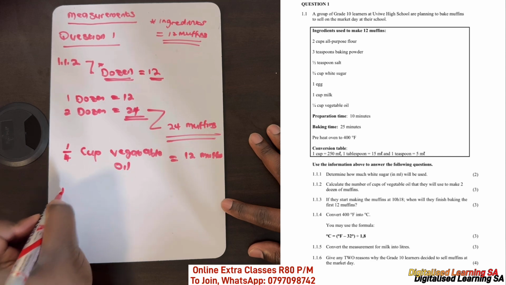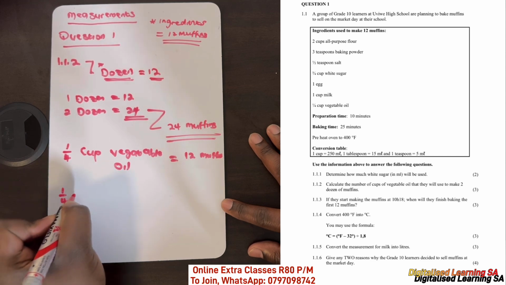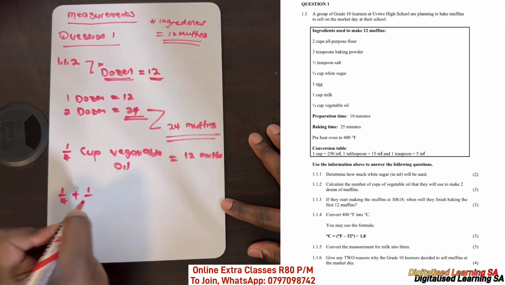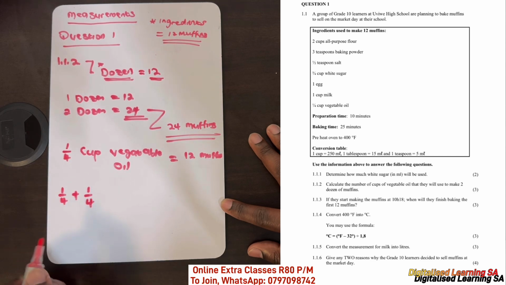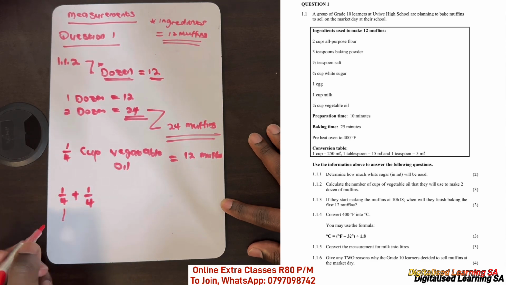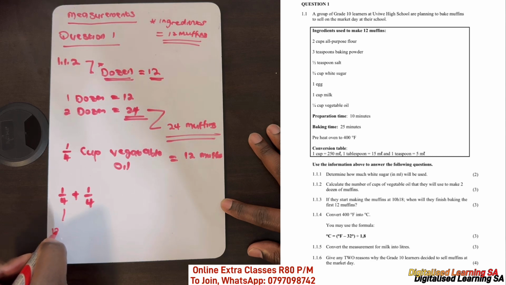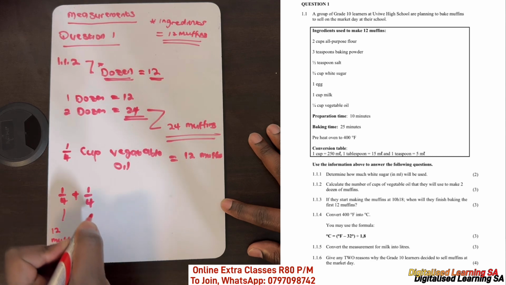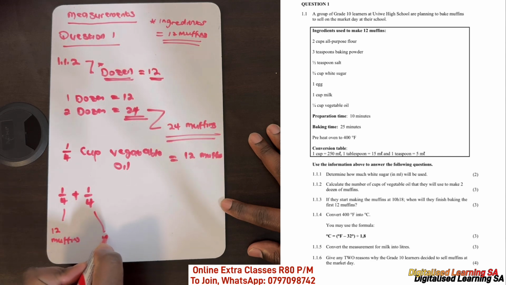So to find the number of cups of vegetable oil that makes 24 muffins, we can say 1 over 4 plus 1 over 4, because the first 1 over 4 will make 12 muffins, and the second 1 over 4 will make another 12 muffins.